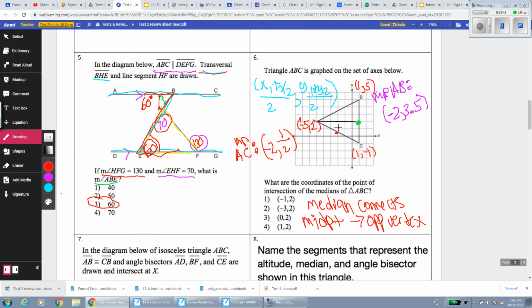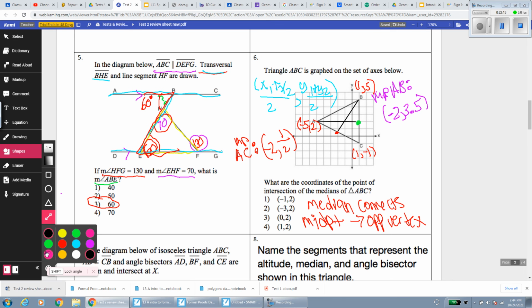Now that I have the midpoint of the line segment, and it does look like it is exactly in between points A and C, I'm going to take my straight edge and connect from the midpoint to the opposite vertex, which would be B.